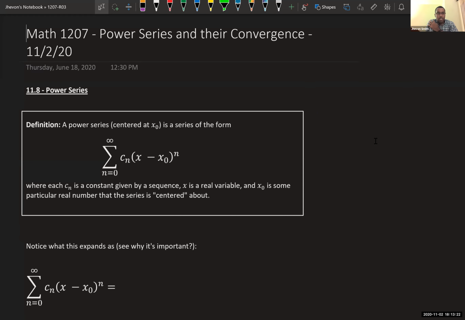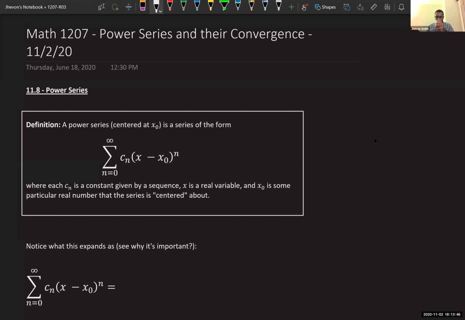Now, you may have noticed here that we threw x into the mix. So now we don't only have series with n's in them, we have x's in them. And I'm going to just tell you the definition of a power series right now. And in hindsight, we're going to look at what this might signify, why we might think it's important, etc. So for now, this is just a blank definition of a power series.